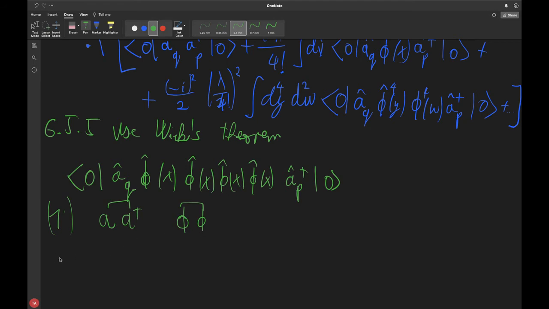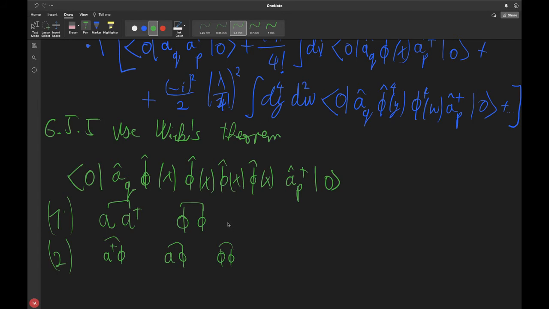And the other method is that the creation operator is contracted with a field operator, and the annihilation operator is contracted with a field operator, and the remaining field operators are contracted with each other.